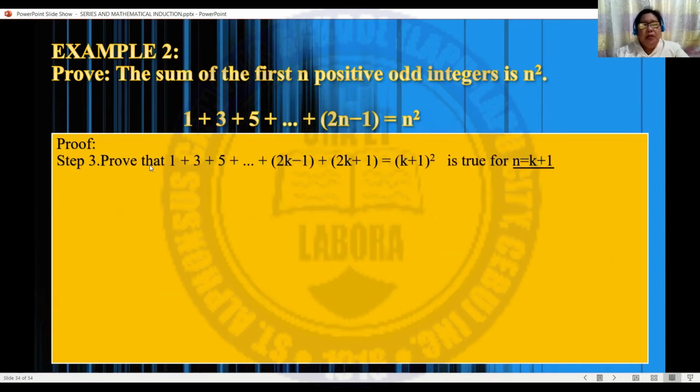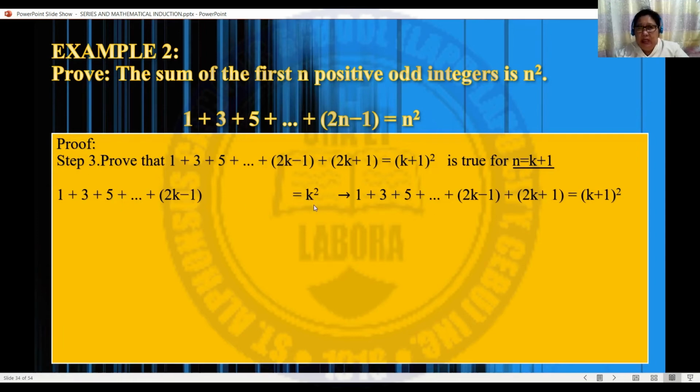For step 3, we have to prove that 1 plus 3 plus 5 and so on until 2k minus 1 plus 2k plus 1 is equal to the square of k plus 1, is true for n is equal to k plus 1. So this expression is equivalent to k squared.